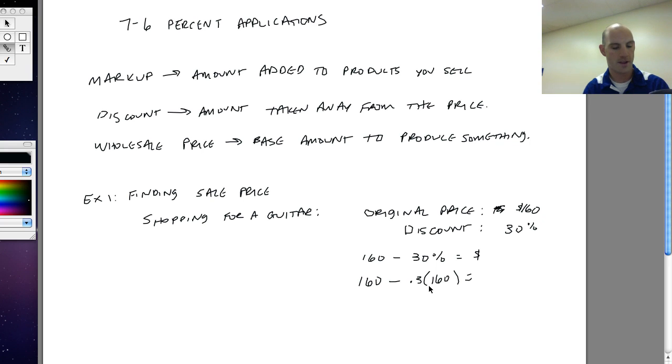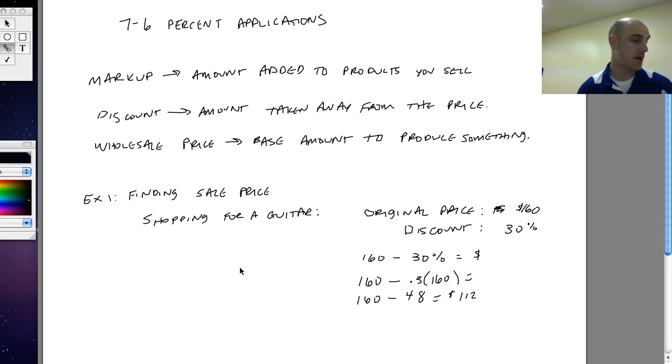So let's do that. 0.3 times 160 gives me $160 minus $48, because $48 is 30% of 160. And when I subtract that, maybe some of you have already done this in your head, my guitar ends up being $112. That's how discount works.